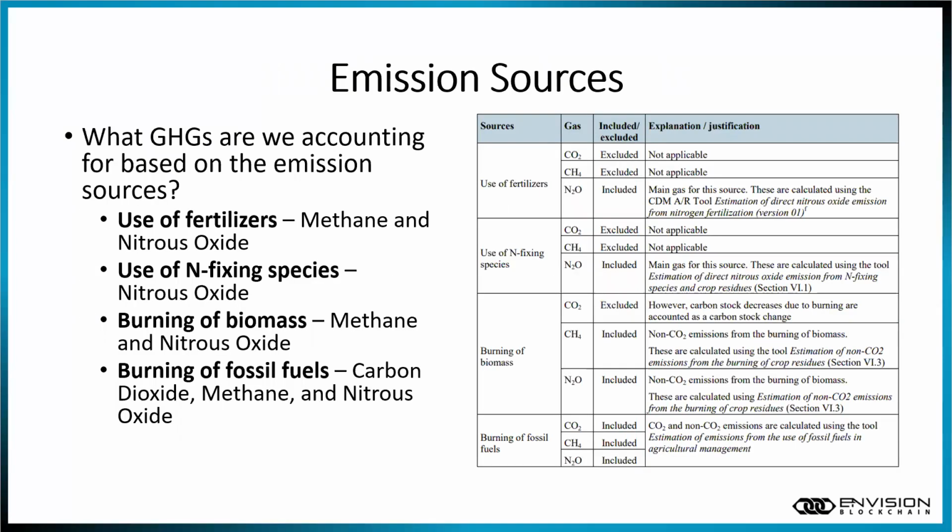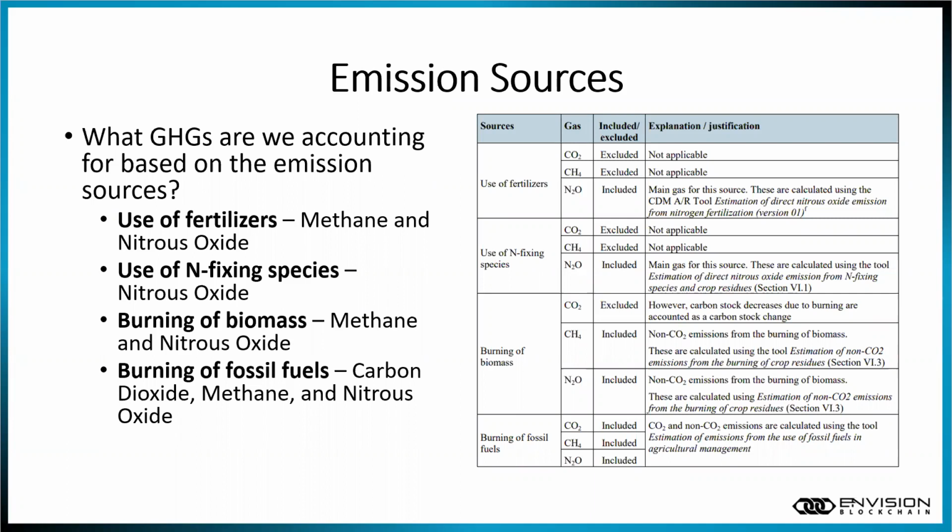So the emission sources are something that usually we associate with carbon dioxide, but these projects sometimes are looking at other GHG sources. On the image on the right, you can see what it would look like in Verra, and it would tell you the source, the gas that is associated with that source, what's going to be included and excluded, and the reason why.